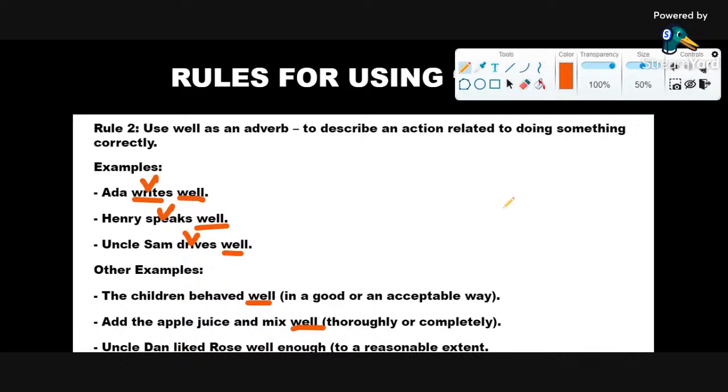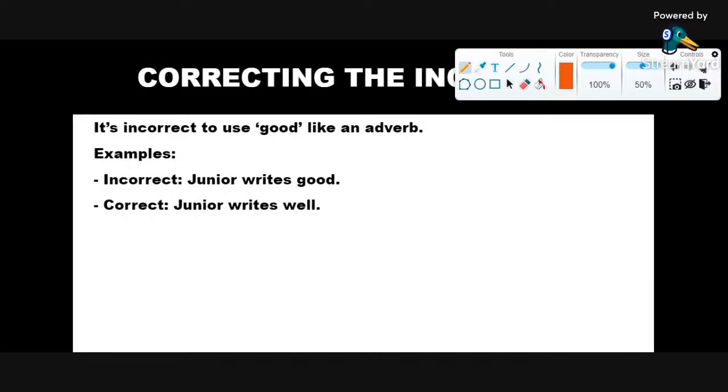So these are ways in which you can use the word well, but the bottom line is that whenever you want to use the word well, make sure you are using it as an adverb and not as an adjective. Okay?